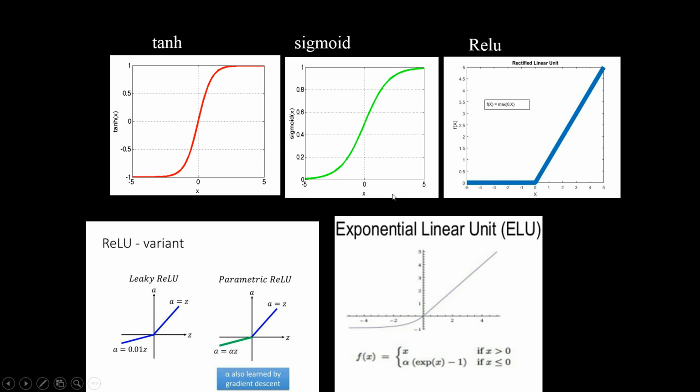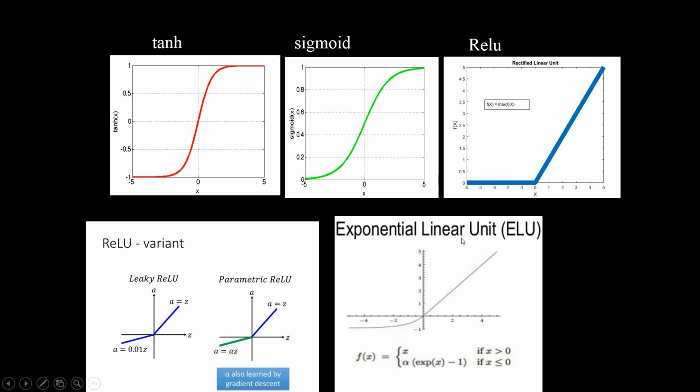So this was one activation function, sigmoid. There are a number of activation functions, like tanh, which squashes the input between 1 and -1. Sigmoid, which we saw now, squashes the input between 0 and 1. And ReLU: anything less than 0 will be 0, and anything above 0 will be linear. There are a lot of variants of ReLU, like leaky ReLU, parametric ReLU, or exponential linear unit.